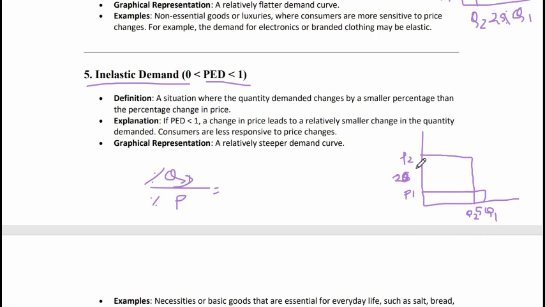Now the percentage change in price is 20 and the percentage change in quantity demanded is 5, which is equal to 1/4, which is 0.25. When you divide 1 by 4, it's 0.25. Now this is less than 1. PED is less than 1, but greater than 0, so it is known as inelastic demand.